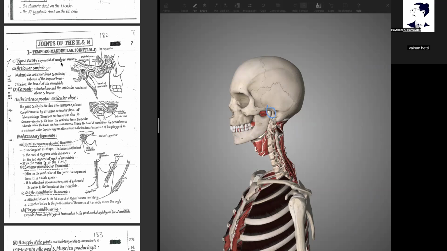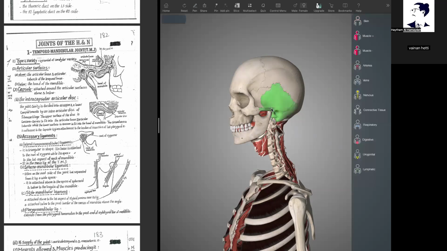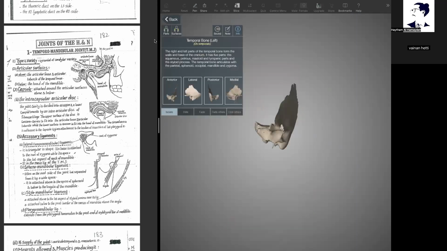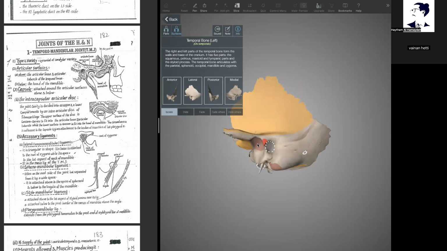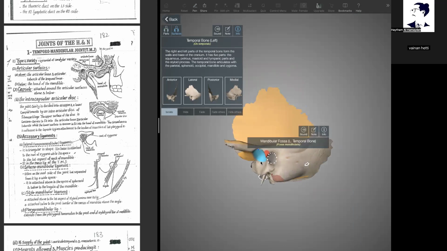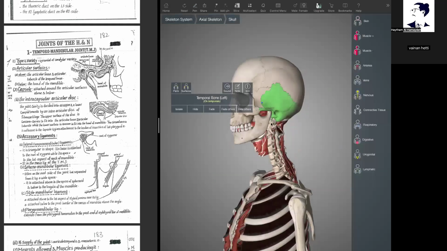Okay? Articular surfaces. What are the articular surfaces in this joint? Number one, the first articular surface is mandibular fossa of temporal bone.